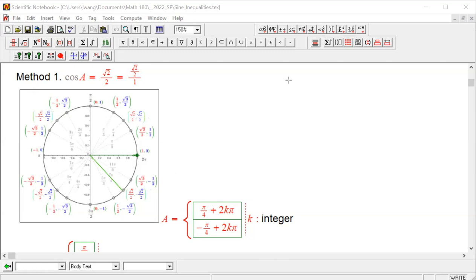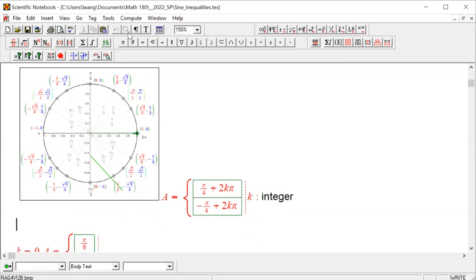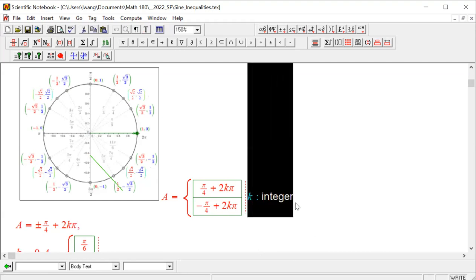So this is the first method. We have a special terminal, positive and negative. And so sometimes this solution can be written this way: A equals plus or minus pi over 4 plus 2k pi, where k is an integer.